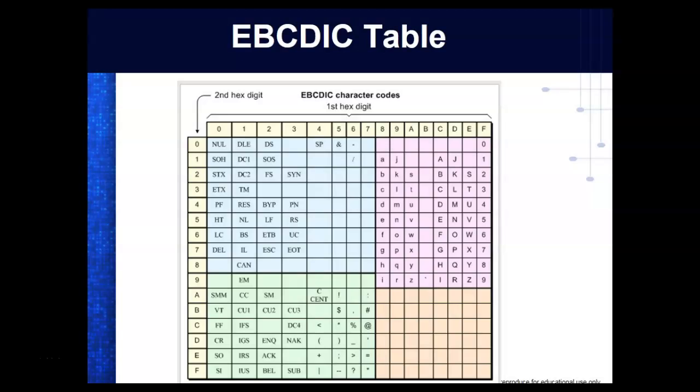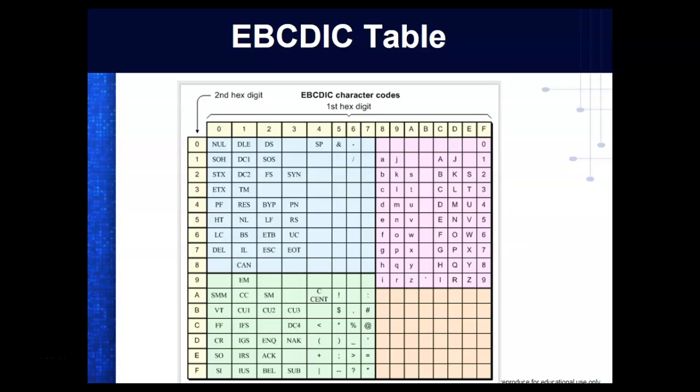So this is EBCDIC, and it's still a code. This was originally what IBM used on their mainframe computers, but they eventually adopted ASCII. So just about everybody went to ASCII after a while. Of course, now they're using Unicode, but this is not what the book teaches.